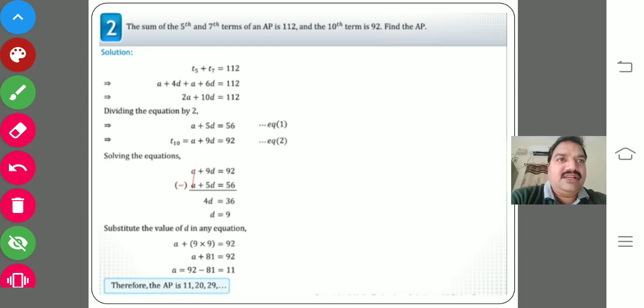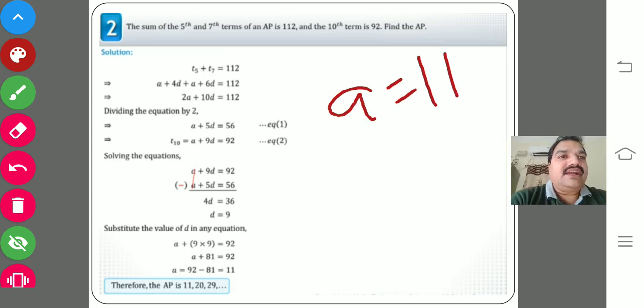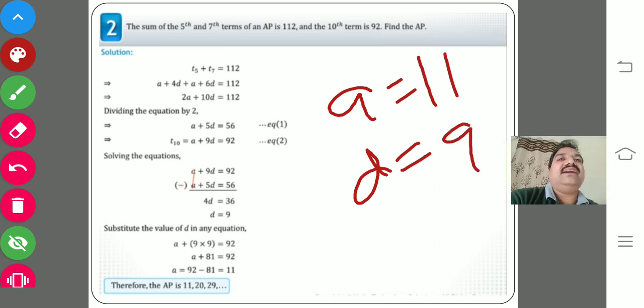In any problem on arithmetic progression, if you know the A value and the D value, you can easily find anything that is asked. Here the question is: the sum of the 5th and 7th terms of an AP is 112 and the 10th term is 92, find the AP.